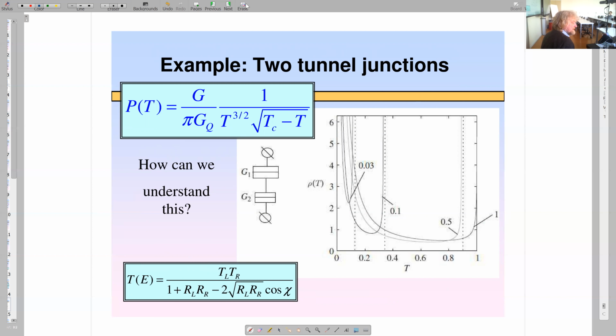Further things happen if we have different junctions. Then the distribution, let me take 0.1 of asymmetry, just ends at some critical value of transmission coefficient. There are no channels with high transmission coefficients.